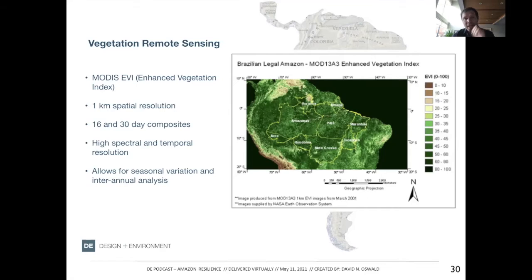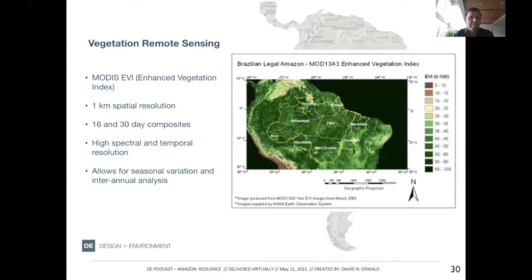And this EVI, Enhanced Vegetation Index, is basically a measure of the amount of photosynthesis that is going on the Earth. It's detecting the reflection of sunlight hitting the Earth and coming back to the atmosphere. But certain parts of the electromagnetic spectrum, it's actually the red and near infrared, that then when you do an index on them with the blue, in this case for EVI, gives you an idea of how much radiation is being absorbed and reflected by vegetation, which is a proxy for how much photosynthesis is happening.